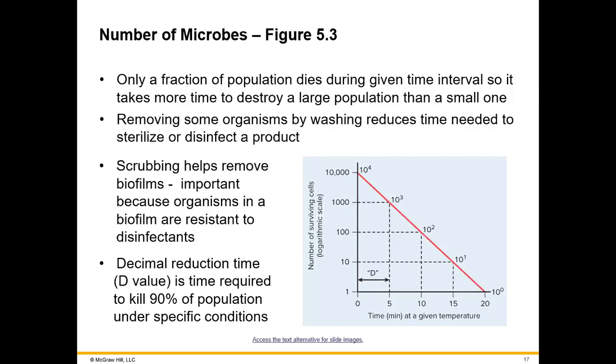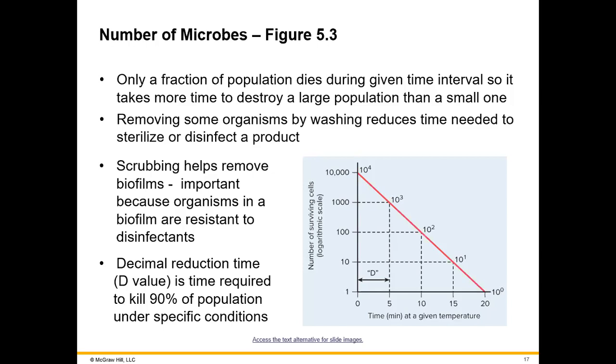If we plot the time at a given temperature on the x-axis versus the number of surviving cells, you can see that if you have a logarithmic scale on the y-axis, you'll get this straight line that decreases. And notice that the decrease in the number of microbes is a logarithmic decrease.